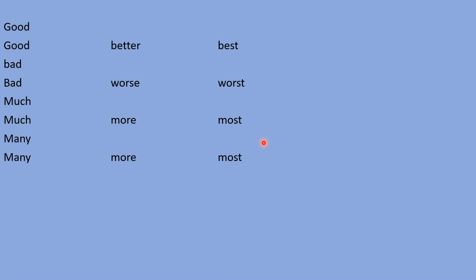Okay, okay. Many, more, most. These are like much and many. Both the words have the same comparative and superlative degrees. Okay. Next is near word. What is the comparative and superlative degrees of near word? Who can let me know? You please tell me.